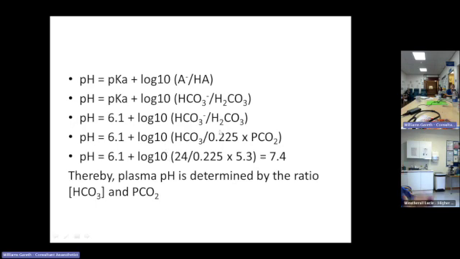Carbonic acid is fundamentally determined by soluble PCO2. So we can change H2CO3 to 0.225 times PaCO2, where 0.225 is the solubility coefficient of CO2 in kilopascals. Plug in the rest of the numbers, normal bicarbonate of 24 millimoles per litre, 5.3 PCO2, and out comes our pH of 7.4.